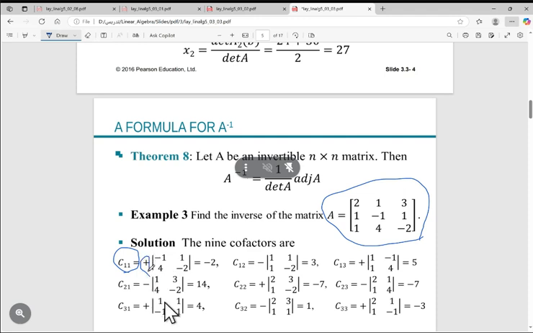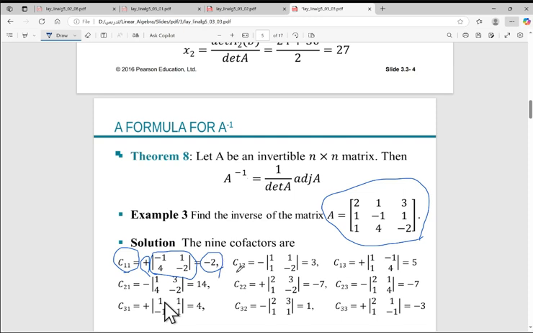So minus 1 to the power of 1 plus 1 gives you plus 1. And this is the determinant of the matrix resulting from removal of the first row and first column. And in the end, you will get -2 for C11.